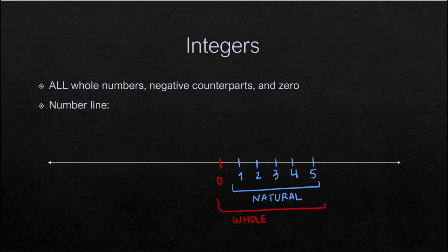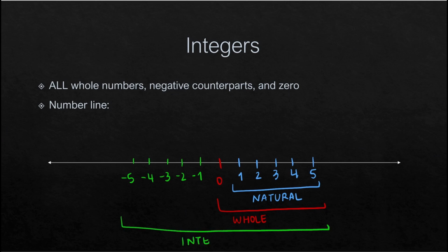Any number that doesn't have a decimal, but with 0 as well, and is positive, is a whole number. Integers are all of these and their negative counterparts. So like -1, -2, -3, -4, -5, etc. All of these represent what we call integer values, integer numbers.